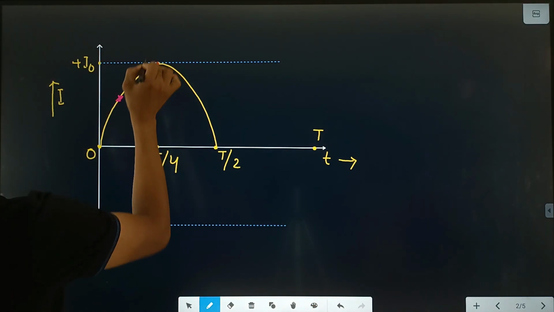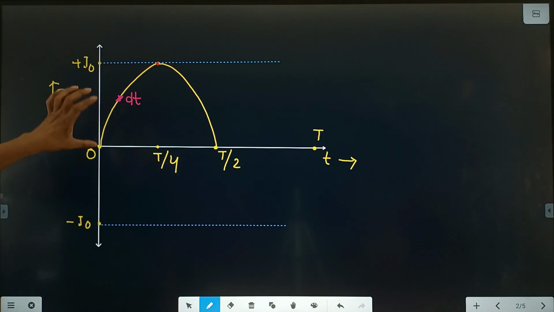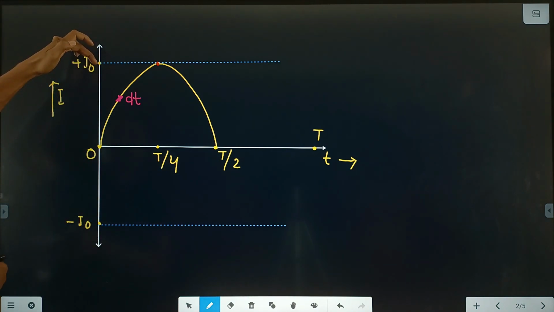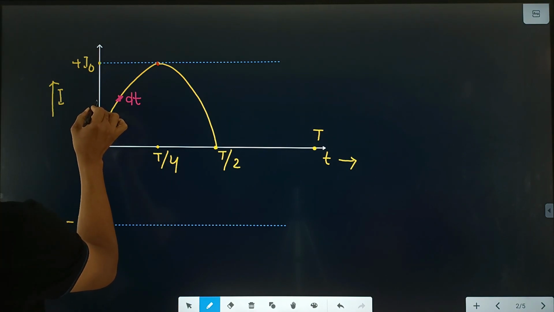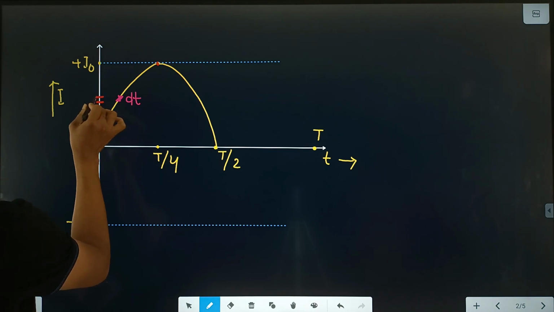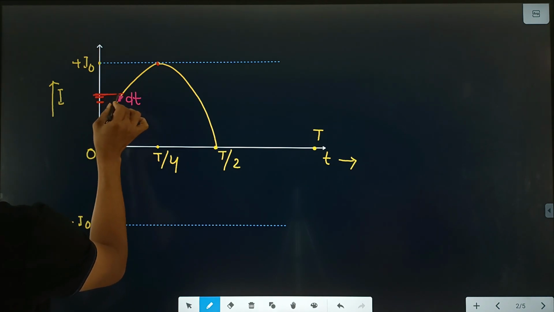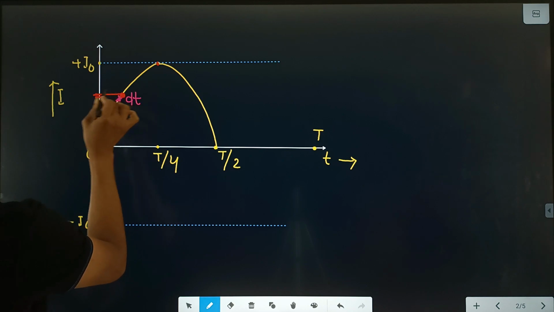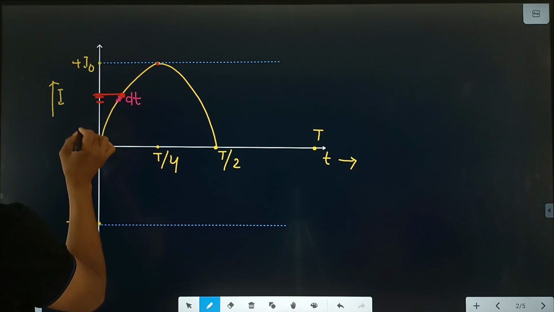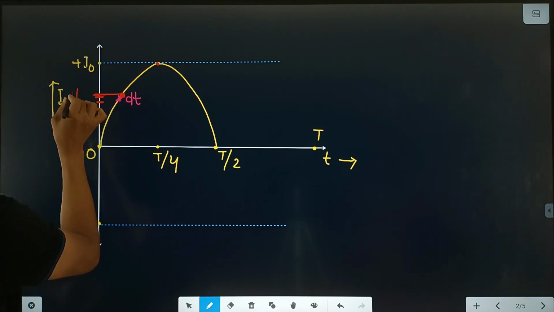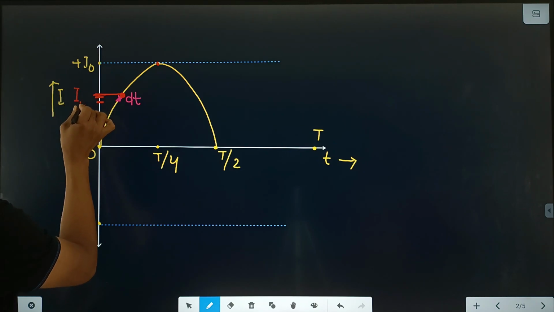This point is the maximum. Suppose from this point to this point is 1, then the middle point is 0.5, then this is 0.6, then this is 0.637, clear? So we draw the line. This current we write as I mean.